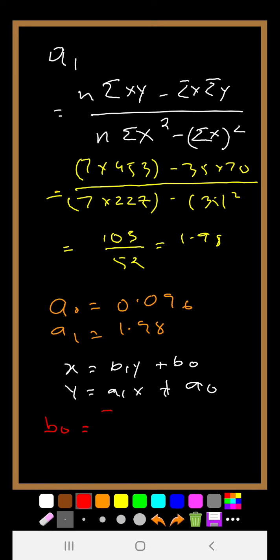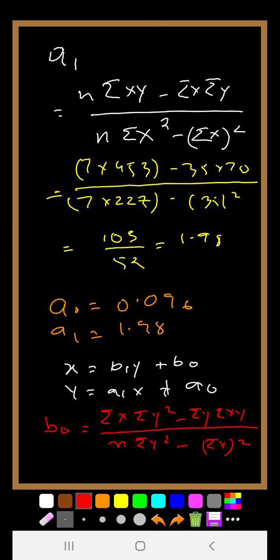So we have summation x into summation y square minus summation y into summation xy, divided by n into summation y square minus summation y whole square, and we get the value of b0 as 0.48.